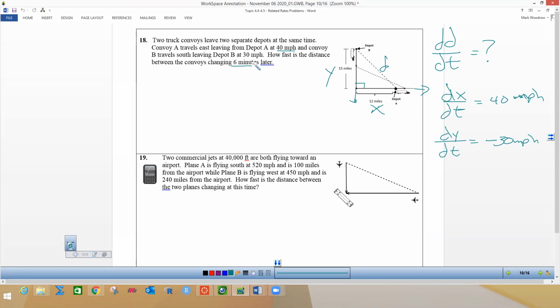Now, it says at the very beginning, this truck is 15 miles from this point. And at the very beginning, that truck is 12 miles from that point. But we want to know at 6 minutes later. 6 minutes later, we want to know what this distance y is going to be when that truck is right here and this truck is over here 6 minutes later. How can we figure out what that distance is going to be?